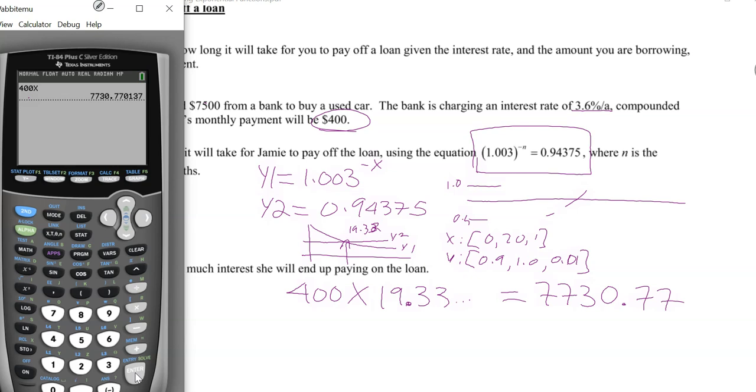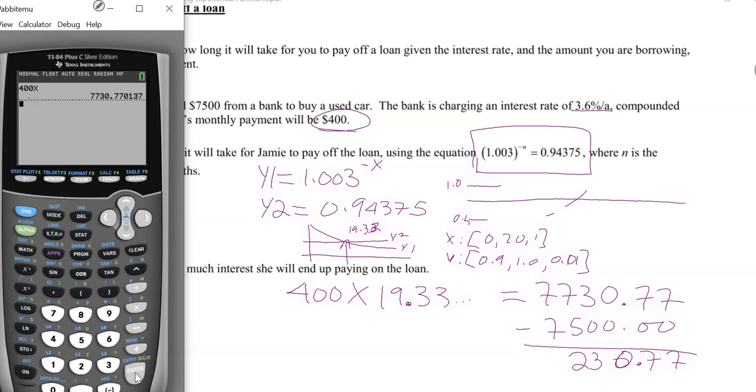So how much interest did she pay? From that, we're going to subtract what she borrowed, $7,500, and we get $230.77. So you're paying so much per month for that many months, and we'll just go with the 19.33, and you'll pay it off at the end of the 19th month with a bigger payment.